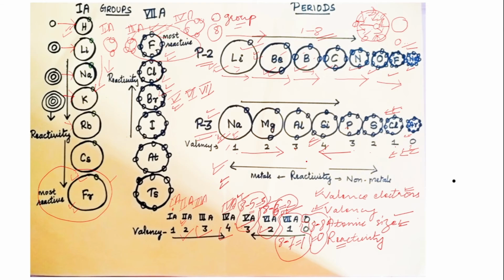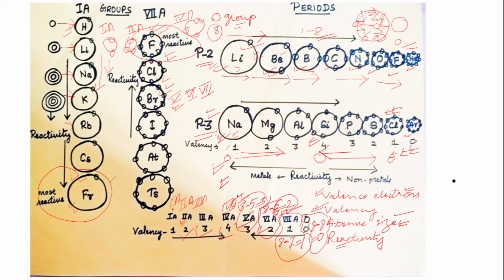So in case of a period, reactivity is maximum at the left side, then decreases and becomes minimum at the center. Again, reactivity in non-metals increases and becomes maximum at the right side, and group 0 is non-reactive. So this is about the reactivity of the elements.